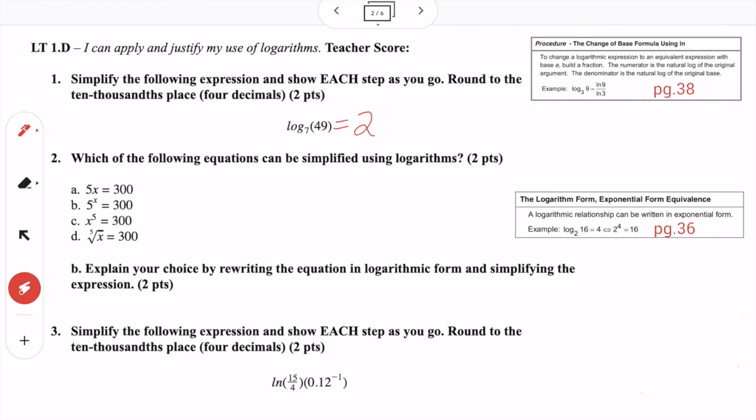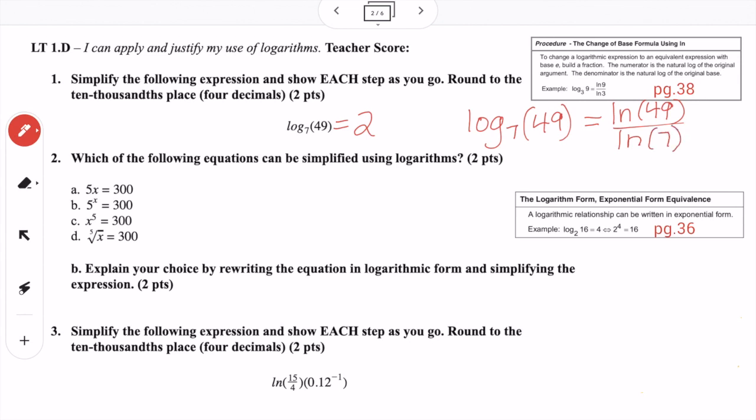If you're using a calculator other than the graphing calculator, you might not have a log base option. So you would have to use the change of base formula to rewrite this expression. And I can use that same example to rewrite my expression: log base 7 of 49 would be equivalent to the natural log of 49, divided by the natural log of 7.